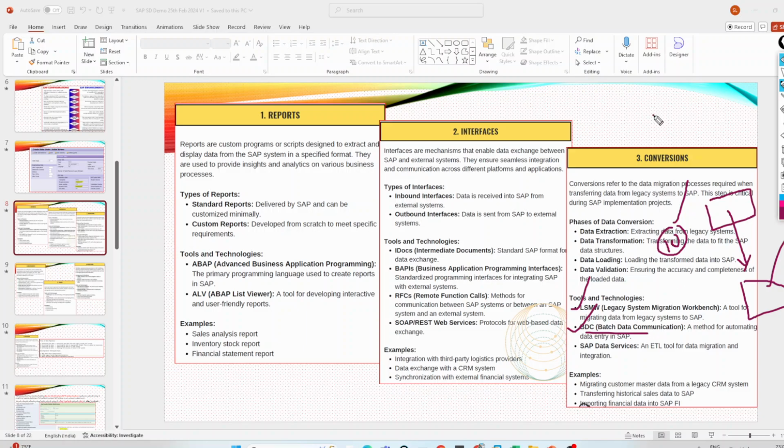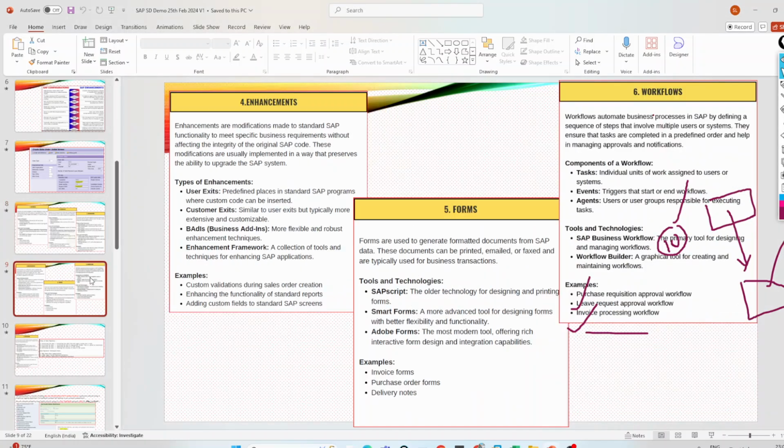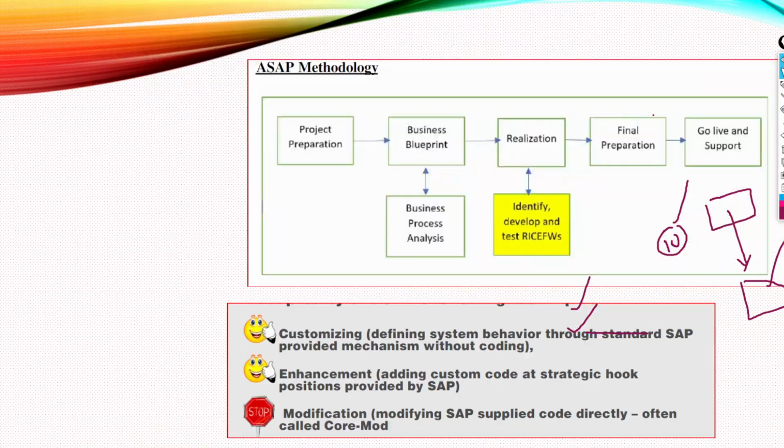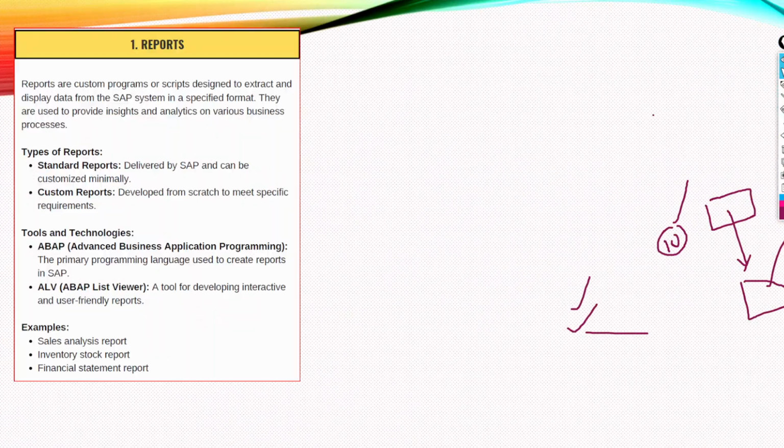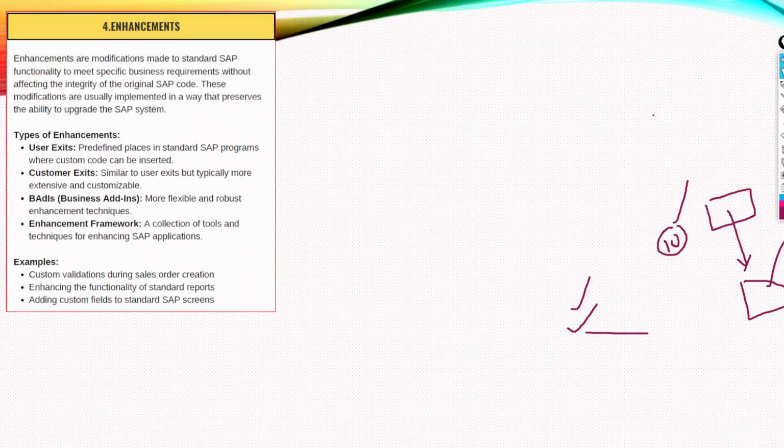Now coming to the second part of your RICEF. Yes, we have enhancement. Under enhancements, we have user exits, customer exits, and BAdIs.